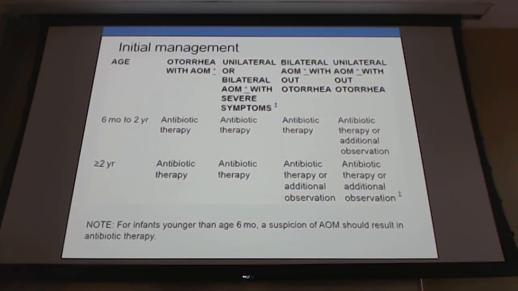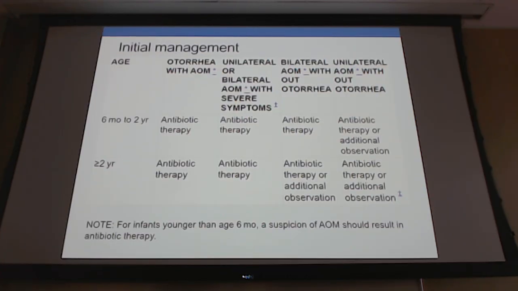So, first things first. If you are any age and you have otorrhea with this, so you have a perforation, you have stuff coming out of your ear drainage, and an acute otitis media, you are getting antibiotic therapy. Doesn't matter how old you are, you're getting that. Doesn't matter how old you are, if you have unilateral or bilateral acute otitis media with severe symptoms.